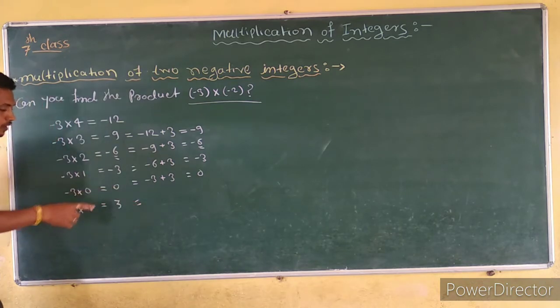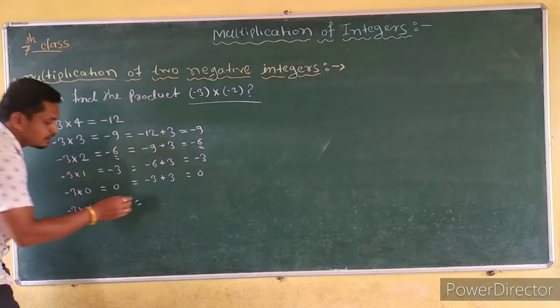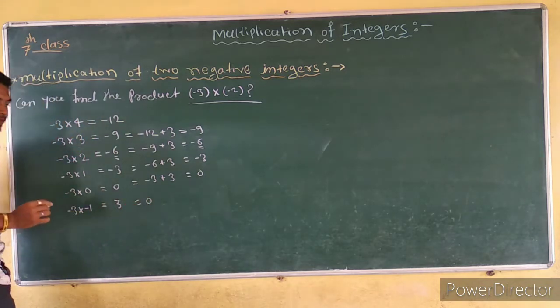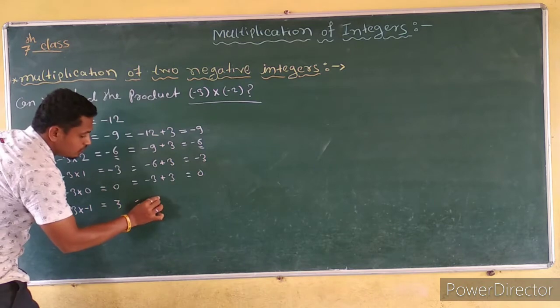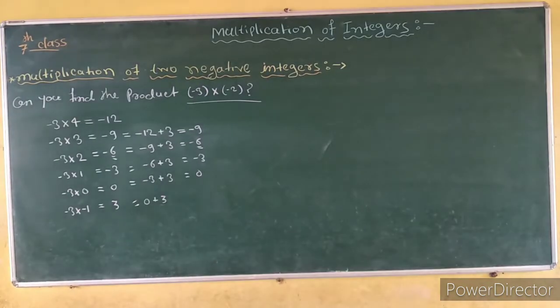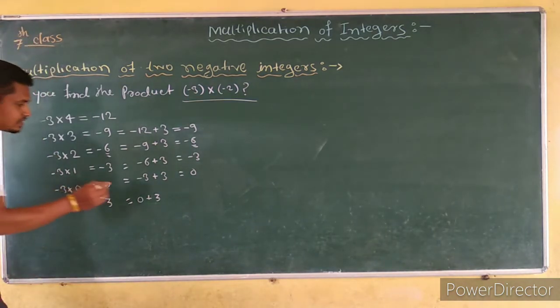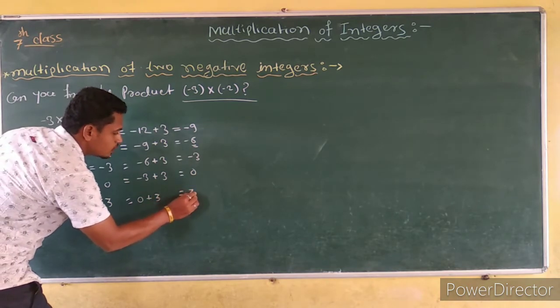It is equal to 0 plus 3. 0 plus 3 is equal to 3.